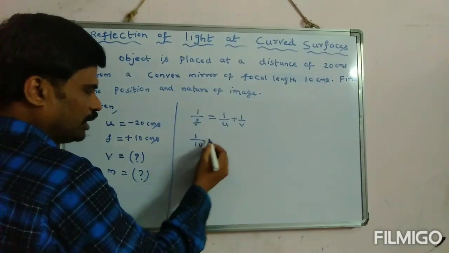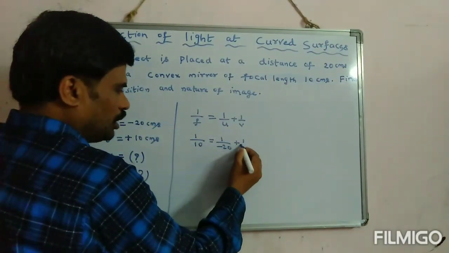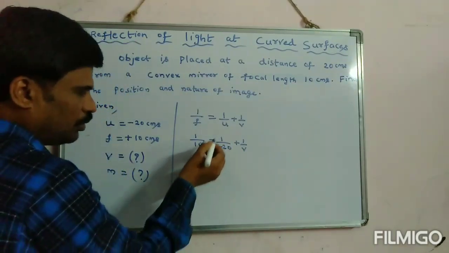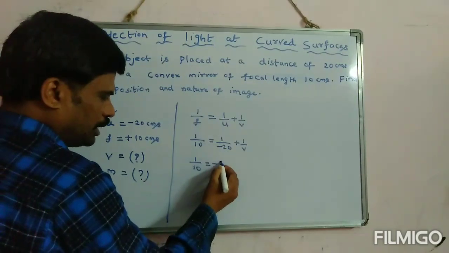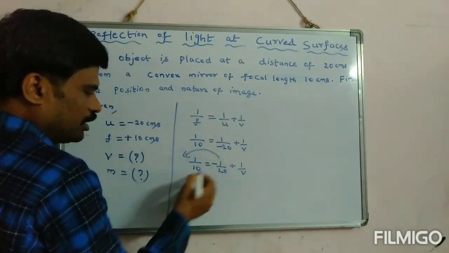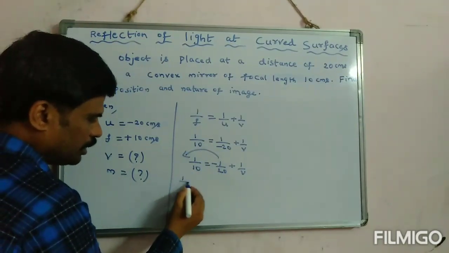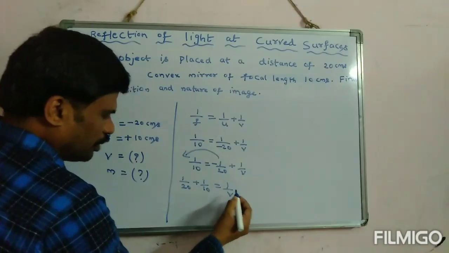That is 1/10 = 1/(-20) + 1/v. Now, sending this value across, it will become +1/20 + 1/10 = 1/v.